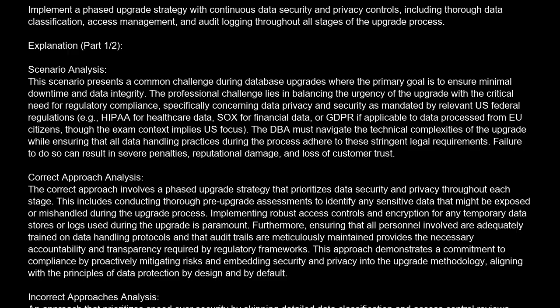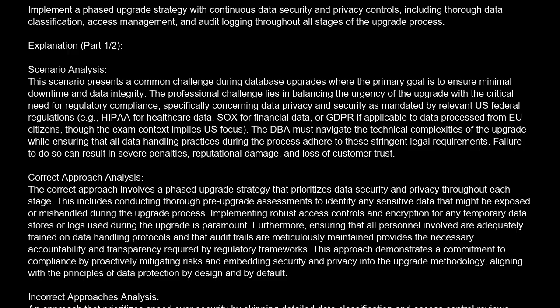Explanation: scenario analysis. This scenario presents a common challenge during database upgrades where the primary goal is to ensure minimal downtime and data integrity. The professional challenge lies in balancing the urgency of the upgrade with the critical need for regulatory compliance, specifically concerning data privacy and security as mandated by relevant U.S. federal regulations, e.g., HIPAA for healthcare data, SOX for financial data, or GDPR if applicable to data processed from EU citizens.